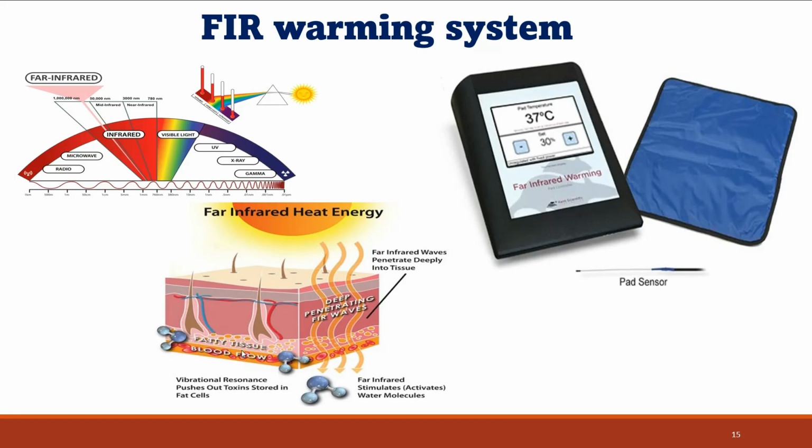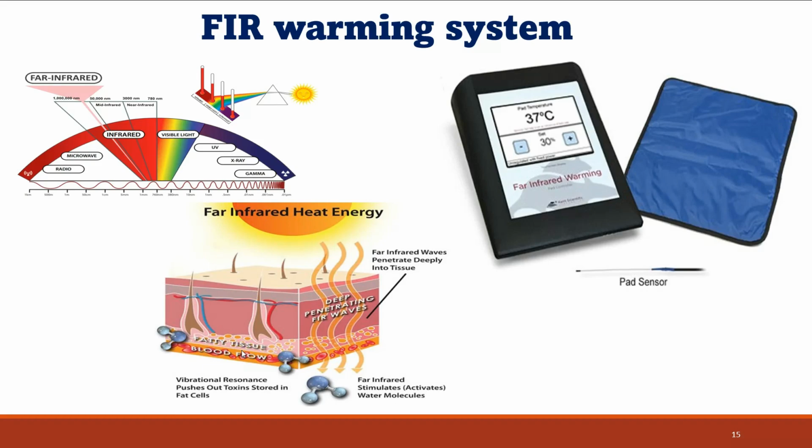One major advantage of using an FIR warming system is its deep tissue penetration ability. For example, 2 to 5 millimeters of radiation penetration can happen into the tissues, warming the skin, subcutaneous, and further deeper layers of tissue.